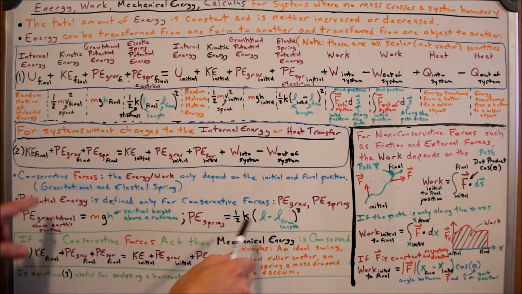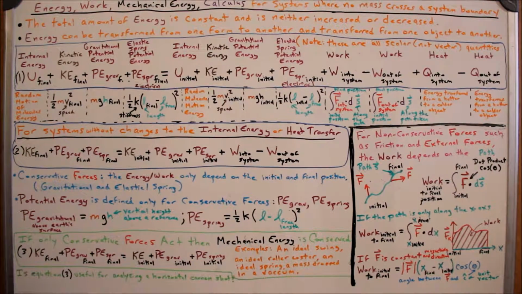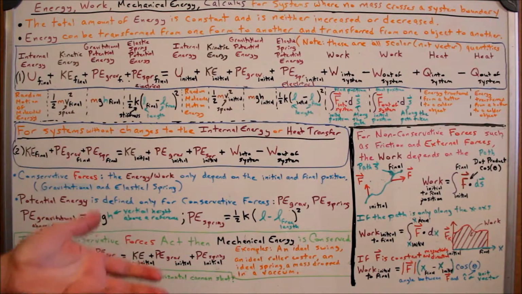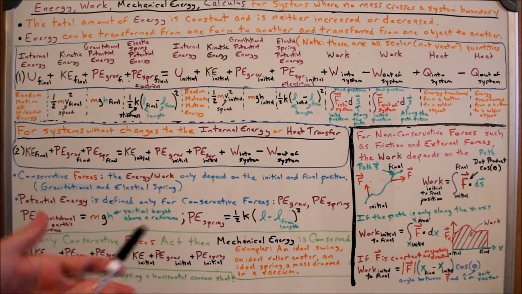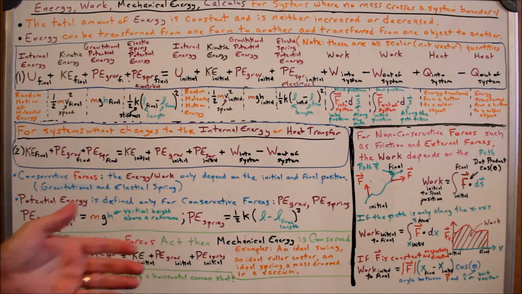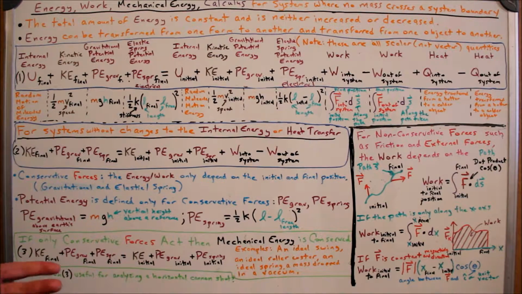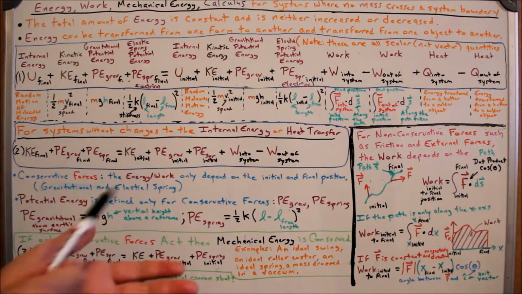Now, if I have a system where only conservative forces act, then the way we treat them is with potential energy, and things are just dependent on initial and final position.